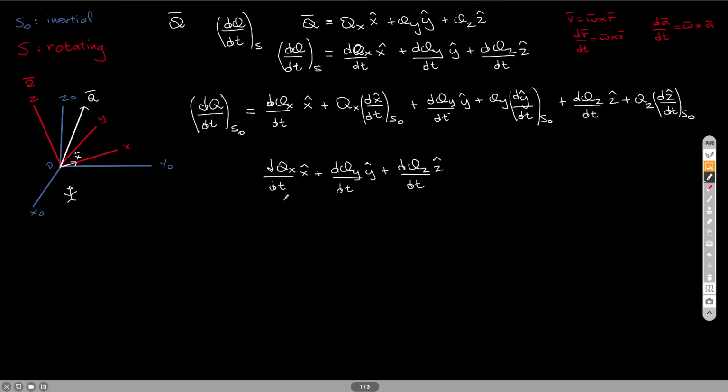Now all of this is what I got when I did the time derivative with respect to the rotating frame of reference. So I can say this is equal to dq dt from the rotating frame of reference, since that's what I got. Now I also have the rest.